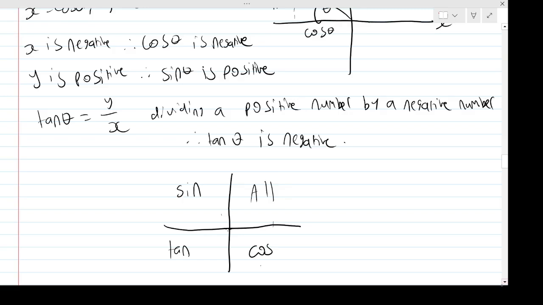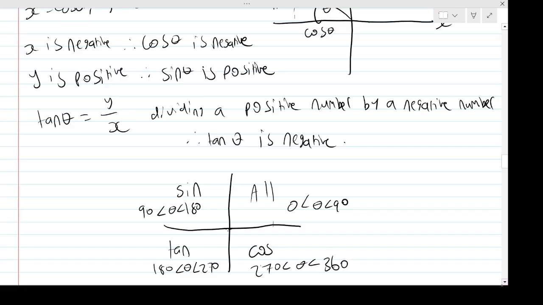So remember the first quadrant is between 0 and 90. The second quadrant here is between 90 and 180. The third quadrant down here is between 180 and 270, and the last quadrant is between 270 and 360.